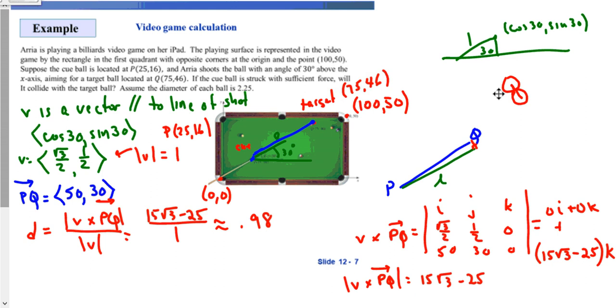If they're just barely touching, then the distance between their centers would be 2.25, since that's the diameter of the balls. So if the distance between her line of sight and the point Q is 0.98, that means the balls will collide.